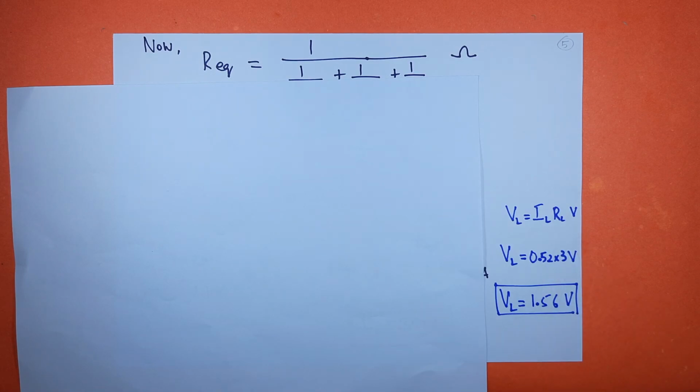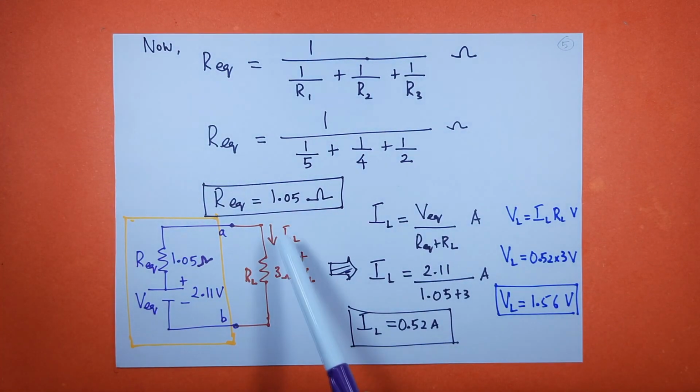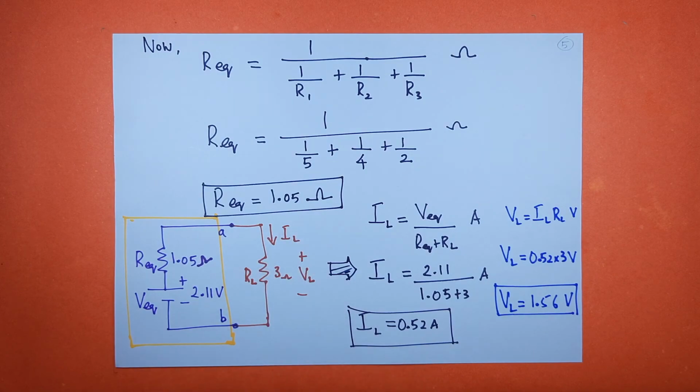Load voltage is nothing but VL equal to IL into RL, again by Ohm's law, VL equal to IL into RL volts. VL equal to IL is 0.52 ampere multiplied by RL is 3 ohm. So VL equal to 1.56 volts, right?